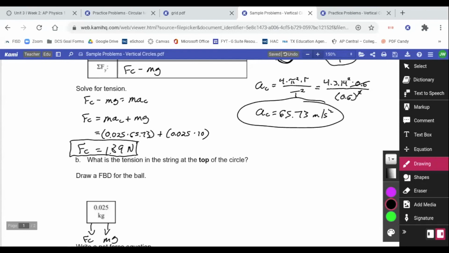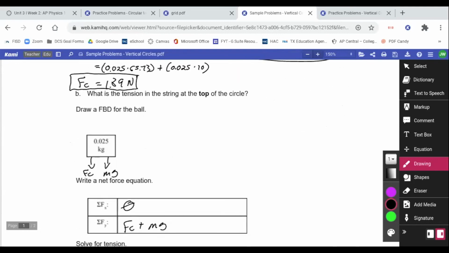So it ends up being 4 pi squared times r over t squared. As long as the time it takes to go around the circle is constant, and whether you clock it from top to top or from bottom to bottom, it's still the same amount of time to go all the way around. The radius didn't change. We didn't come further to the middle of the circle or further out. And the acceleration is going to be the same. So we can use that same value down here.